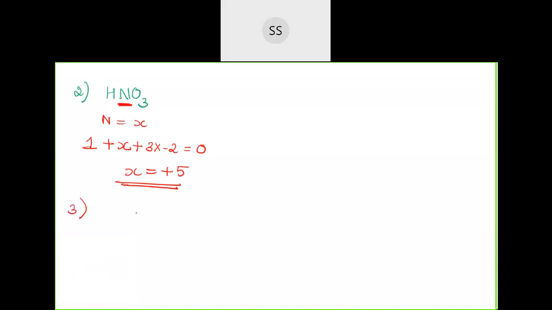Okay, next. K2MnO4. Now you tell me what is the oxidation state of manganese here. You all calculate. You need to calculate the oxidation state of Mn, manganese.